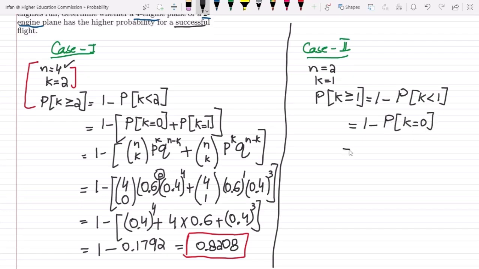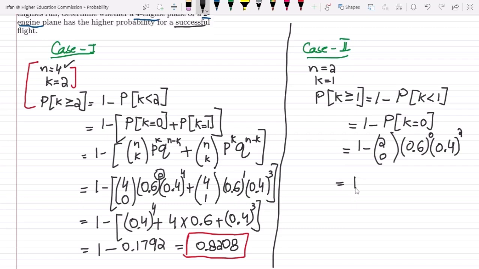Okay, using the binomial probability law again. So here 1 minus, now n is 2, choose 0. Okay, and the probability of success will remain the same, which is 0.6 to the power k, and also 0.4 to the power n minus k, which is squared.